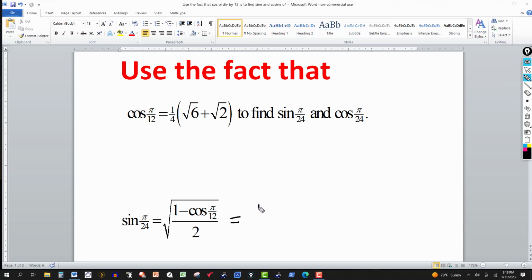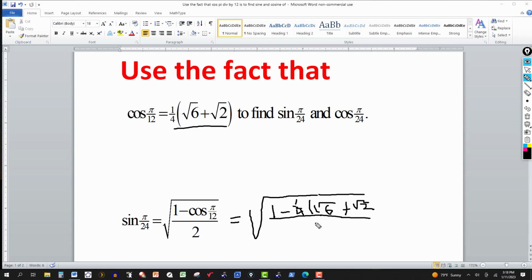And then we just plug in: 1 minus the cosine of pi over 12, that's given to be right here, 1/4 times the square root of 6 plus the square root of 2, and that's over 2. We multiply the numerator and the denominator by 4 to get rid of this fraction.